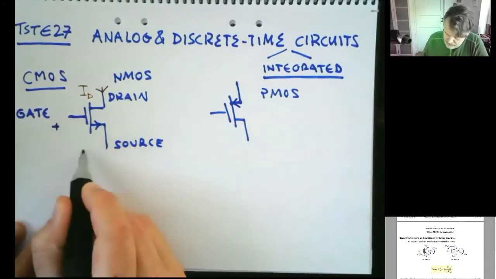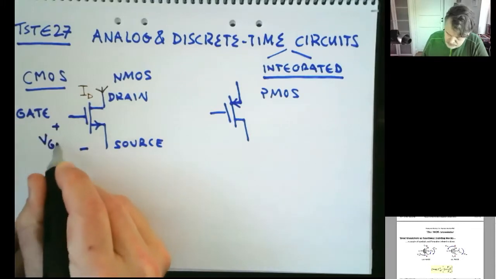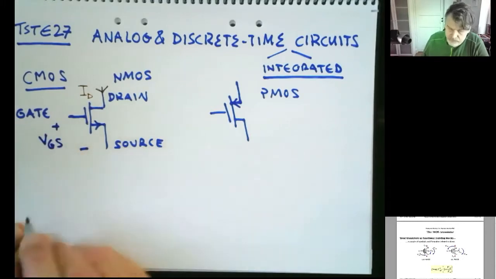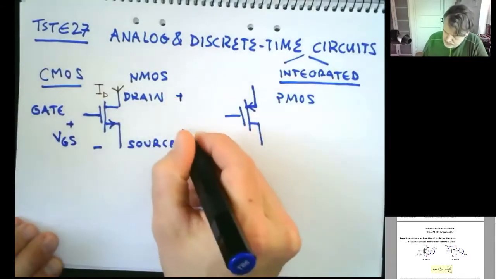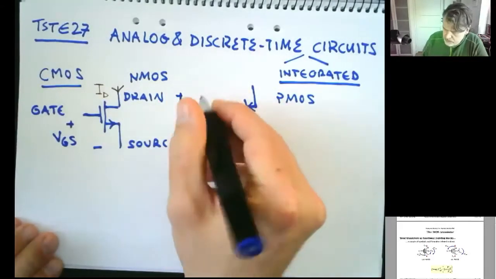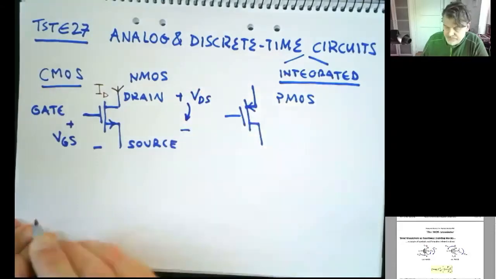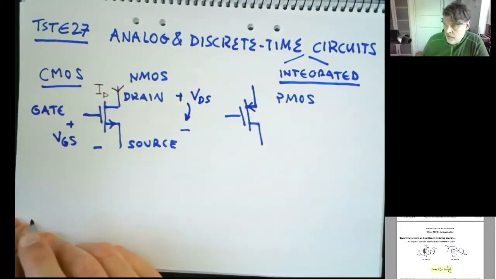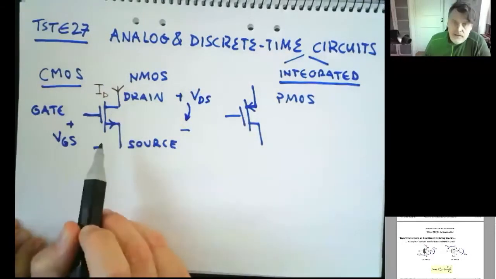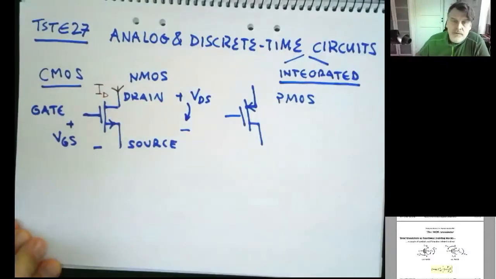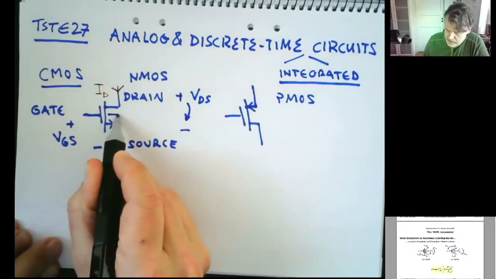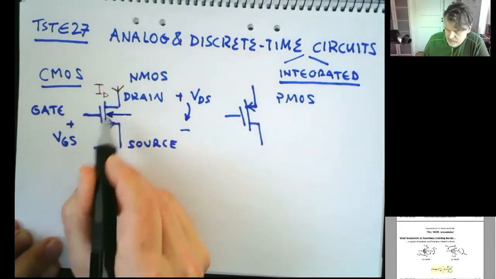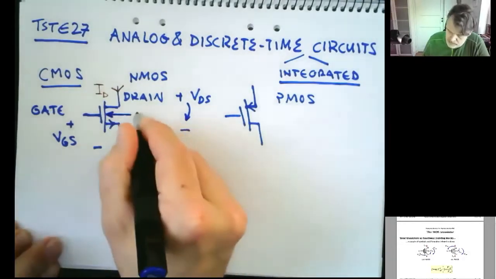We have a voltage from the gate to the source, VGS. We have a voltage from the drain to the source, VDS. We have a third voltage, which we sometimes are interested in, and that's the bulk, connecting here to the transistor with an arrow, the bulk.